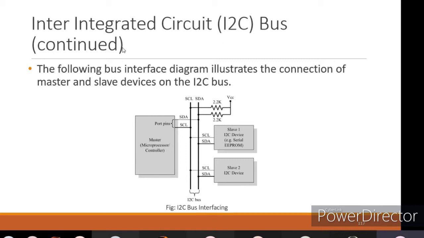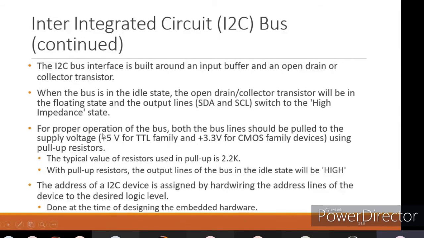Connection of master and slave devices on the I2C bus. For proper operation of the bus, both bus lines should be pulled up to the supply voltage, that is plus 5 volts for the TTL family and 3.3 volts for the CMOS family devices, using pull-up resistors.